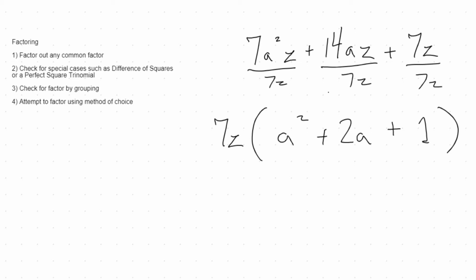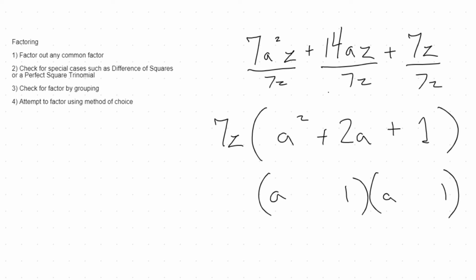Now, we've talked about difference of squares, but this does not fit into that format. But it does fit into what's called a perfect square trinomial. So the idea with a perfect square trinomial is that it's going to be the first term and the second term.